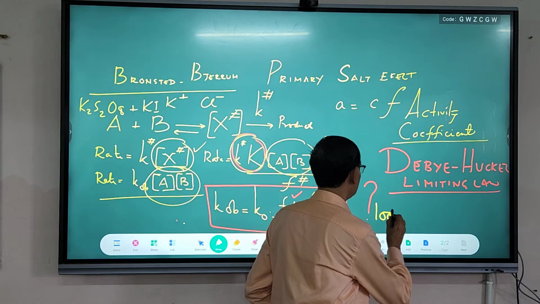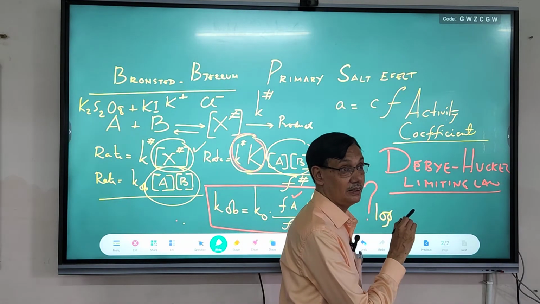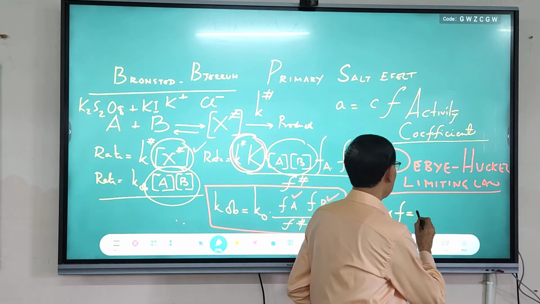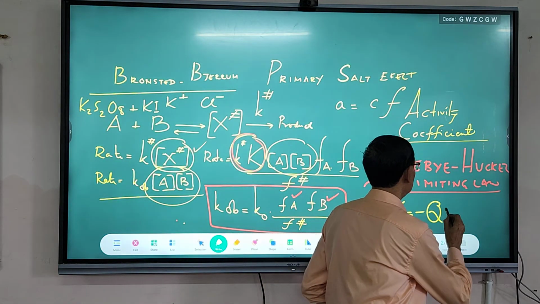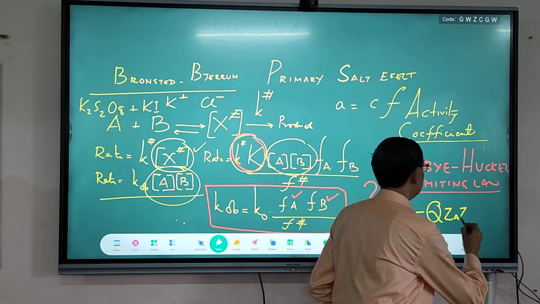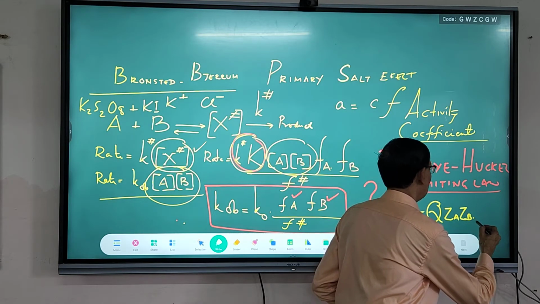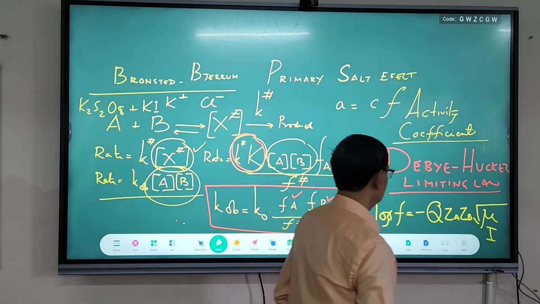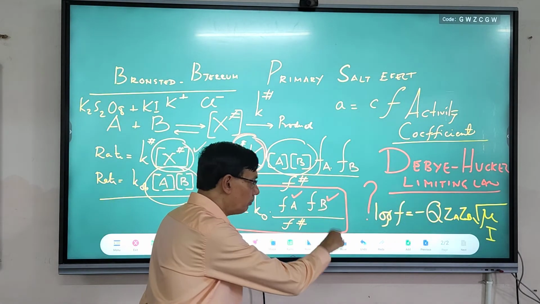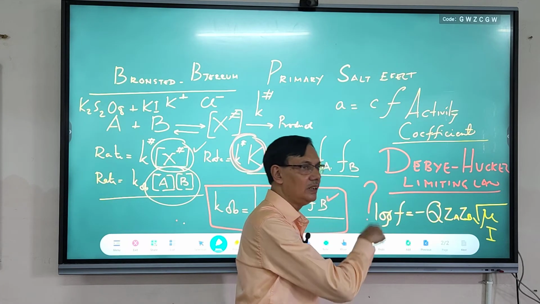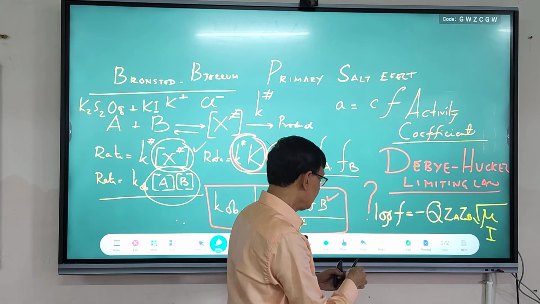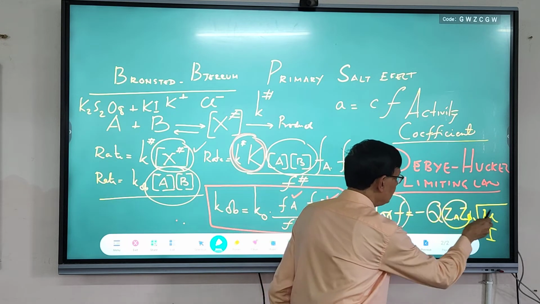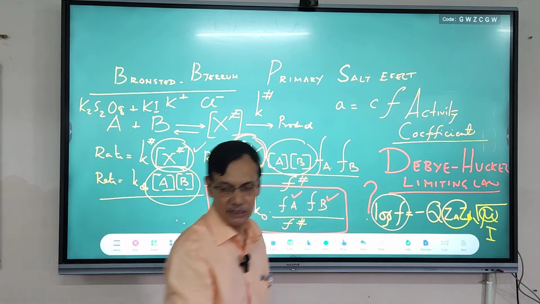log of F is equal to minus Q, ZA or ZB, under root of mu or I, the ionic strength. Just remember, very important in electrochemistry. This is called Debye-Hückel limiting law. And yes, this is F, it is valency, this is half CI square, everything is there.